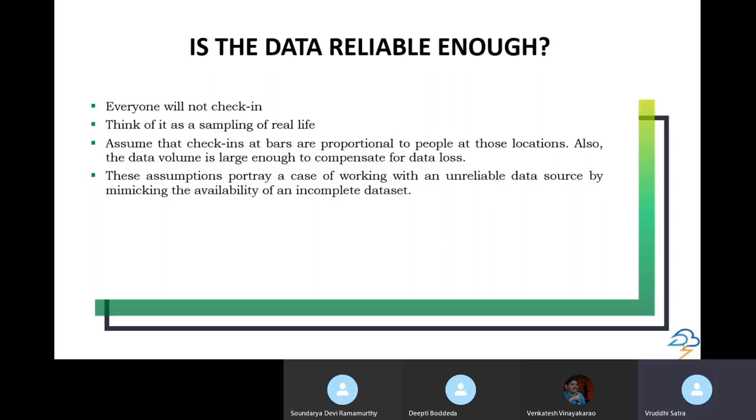Also, the sample data is large enough to compensate for data loss, and any data loss is intermittent and not sustained long enough to cause a noticeable disruption in our service. So these assumptions portray a case of working with an unreliable data source. It mimics as if we have an incomplete data set.